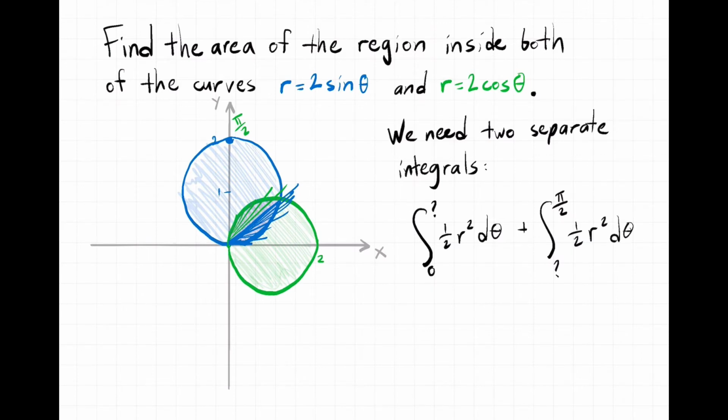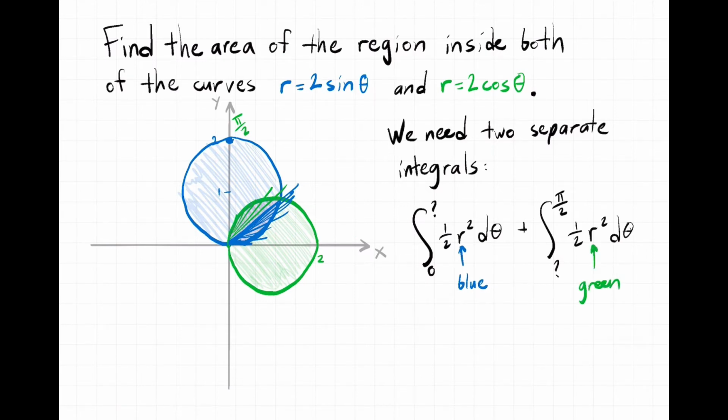And for that first integral from 0 to whatever the mystery value is, that r is going to be the blue curve. For the second integral, going up to pi over 2, that r is going to be the green curve.